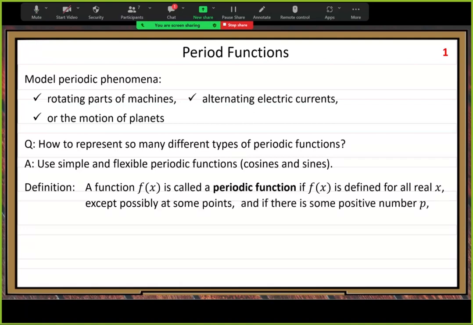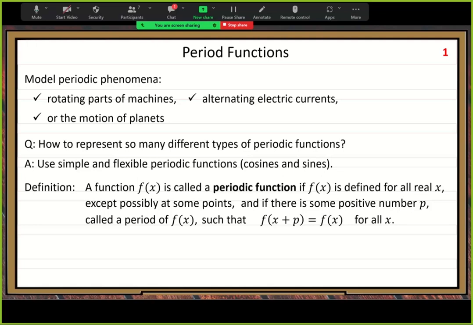And if there is some positive number p, where p refers to the period, called a period of f of x, such that this identity is always true for all x where f of x is defined.